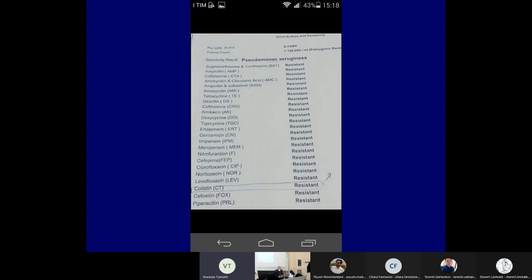But the question is, why don't we have new antibiotics? Why do the different companies not research, not try to find new molecules?